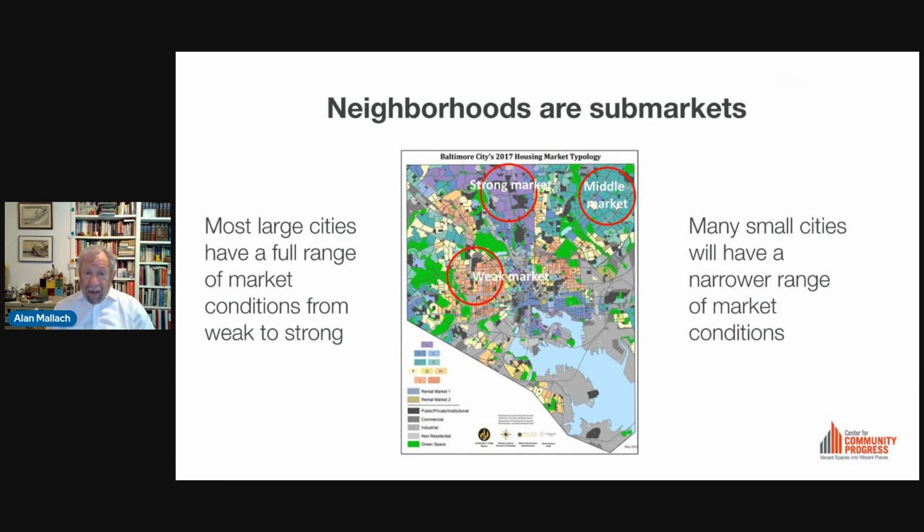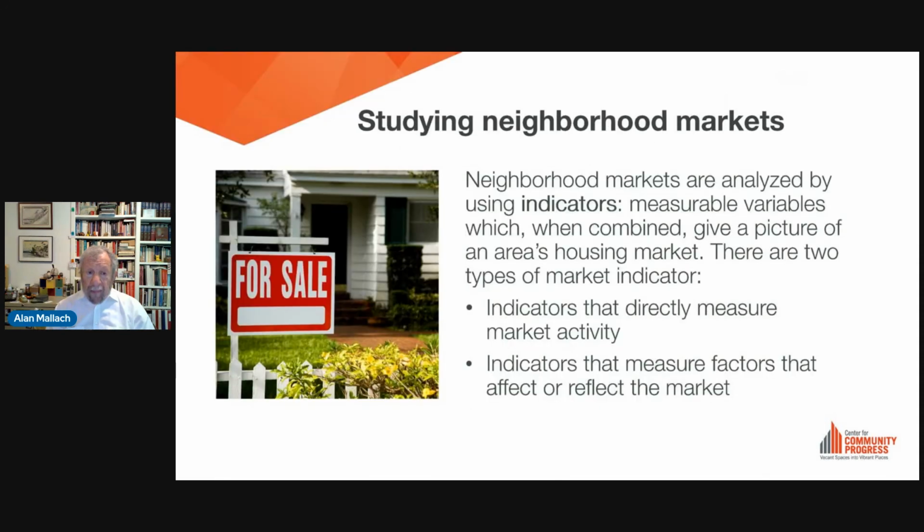Next slide. So what we do to look at neighborhood markets is we look at a series of variables which can be measured, which give a picture of the market. And there are basically two types of measures. One are indicators that directly measure the activity taking place in the real estate market.